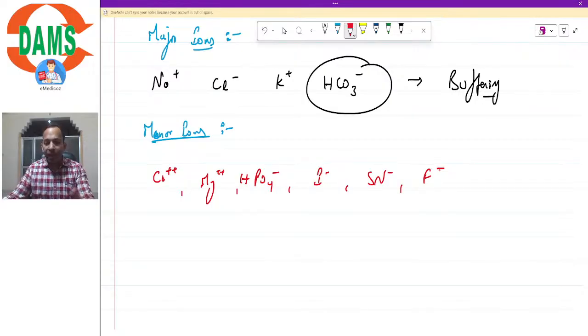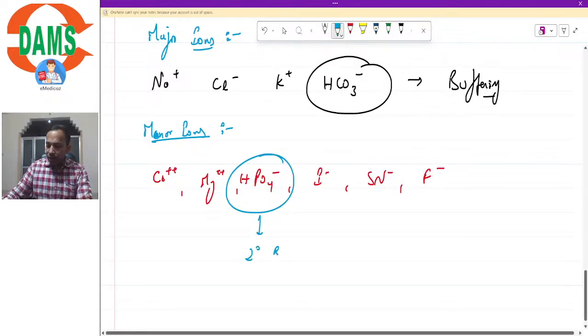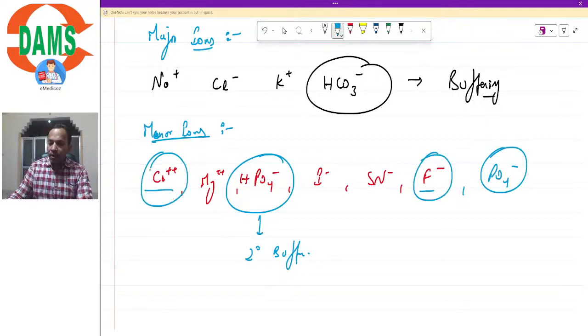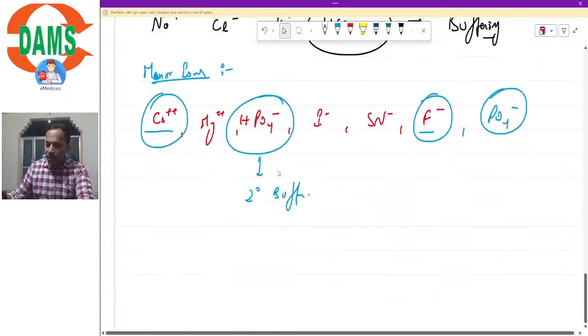And amongst these, phosphate is the secondary buffer. Calcium, fluoride, phosphate, these all help in mineralization of the tooth, isn't it? They help in the maturation of enamel. So these are the major and minor ions.